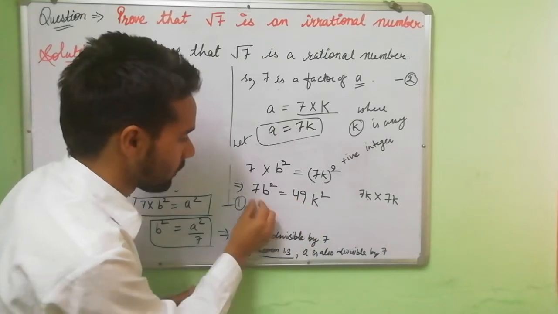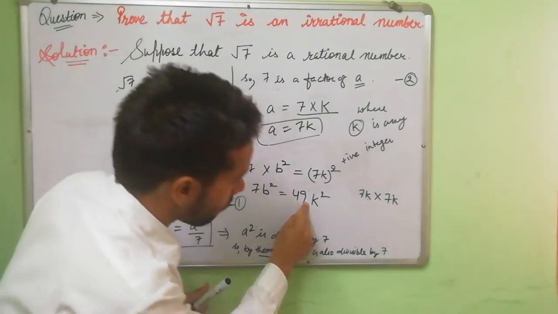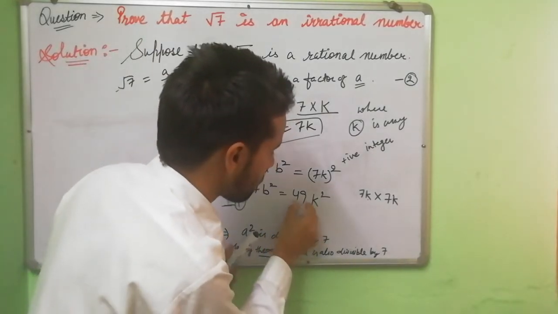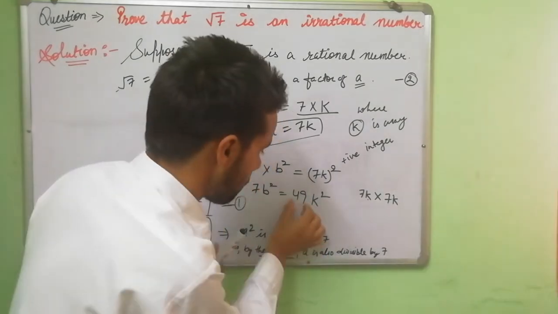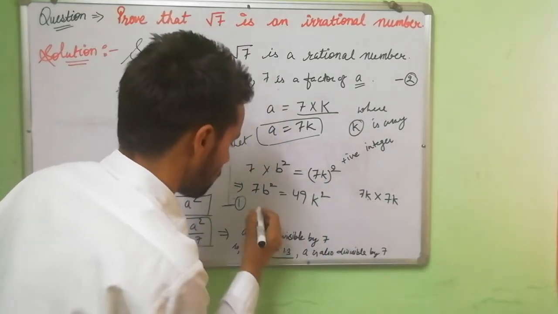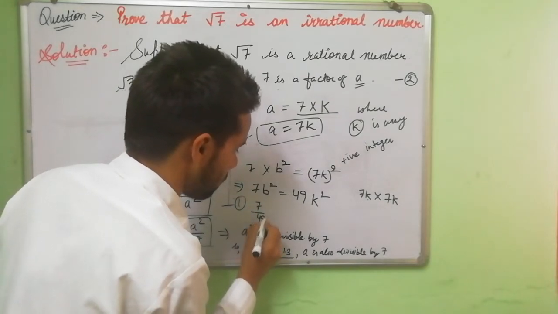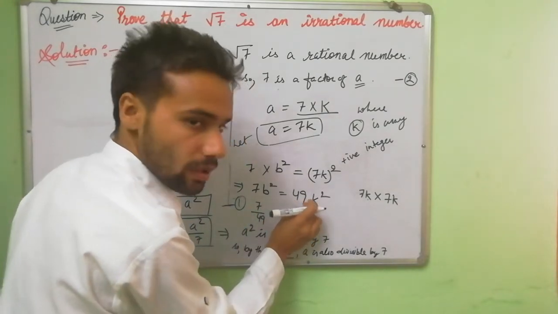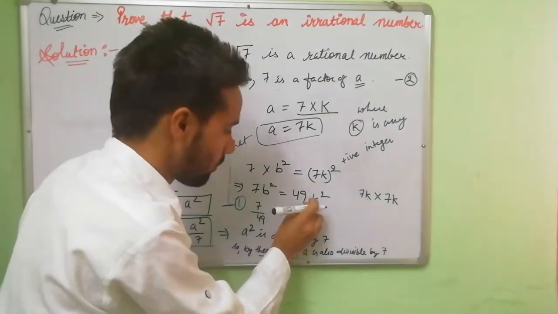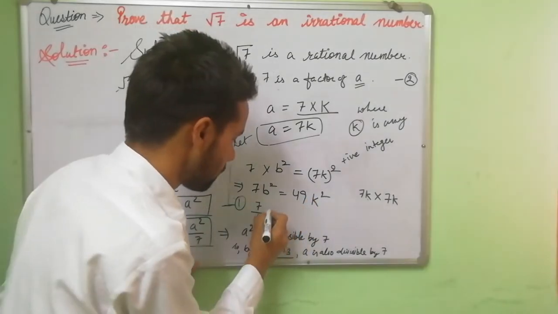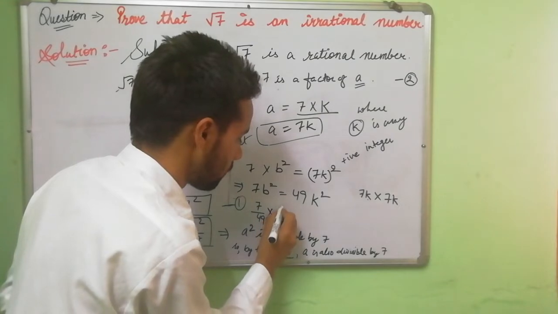After getting this step, dear student, I will shift this 49 to this side. Here, this is 49 multiplied by k square. If I take this 49 to this side, what does it become? It becomes a division, 49 in multiplication form becomes a divide form.